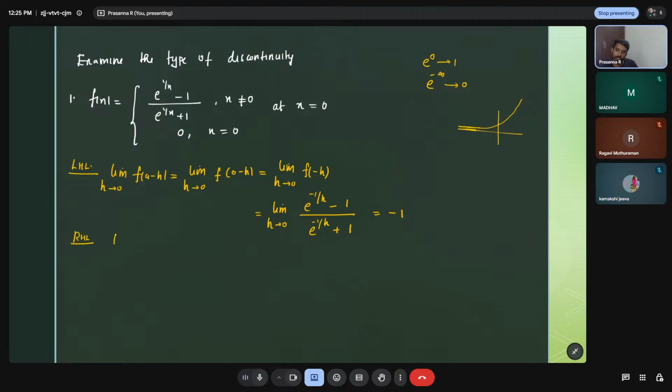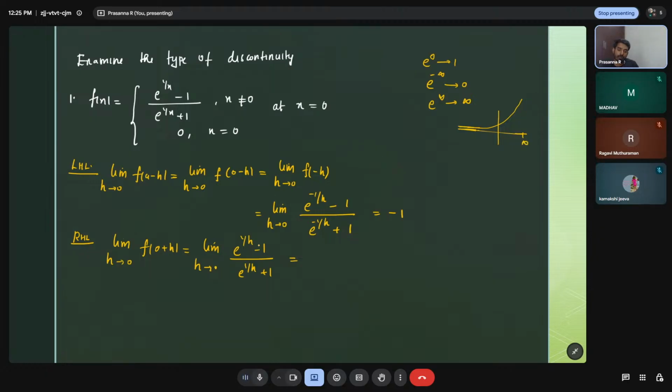Now you find RHL. So limit h tending to 0 of f of 0 plus h, which is e power 1 by h minus 1 divided by e power 1 by h plus 1. See, don't say that e power infinity is not infinity, e power infinity will tend to infinity, because when x is infinity, this will tend to infinity.